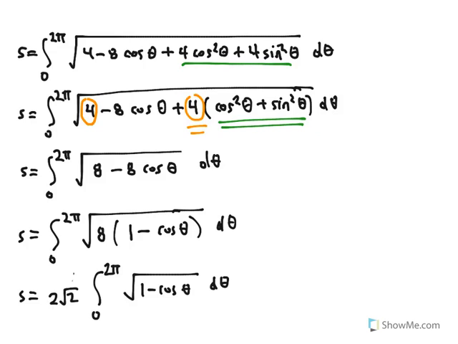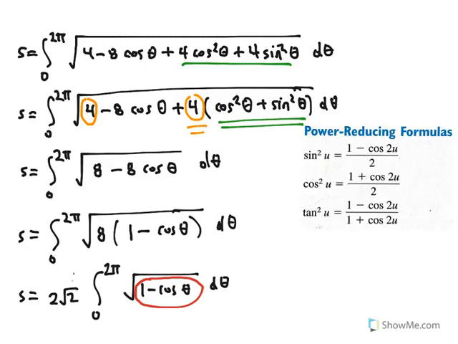But now you still have to figure out how you're going to integrate, and here's one way to do it. You can use a power-reducing formula to rewrite 1 minus cosine theta. So let's see how we will do that.